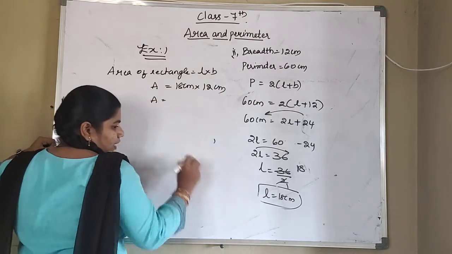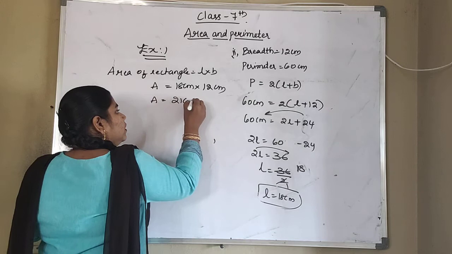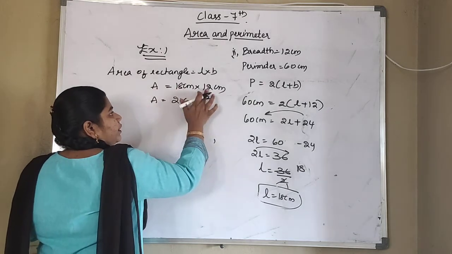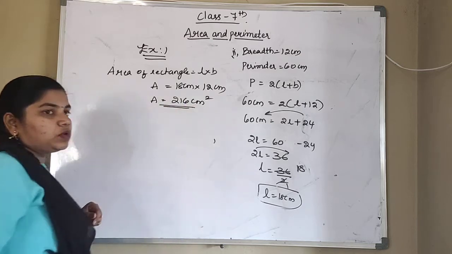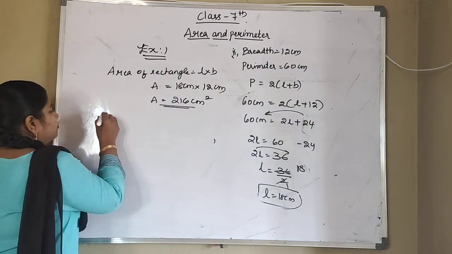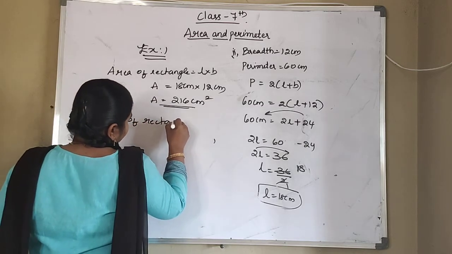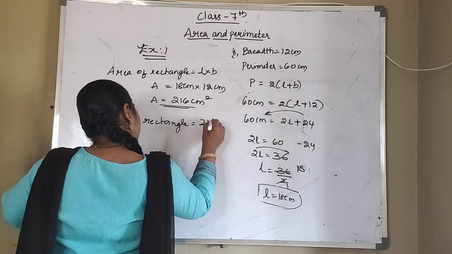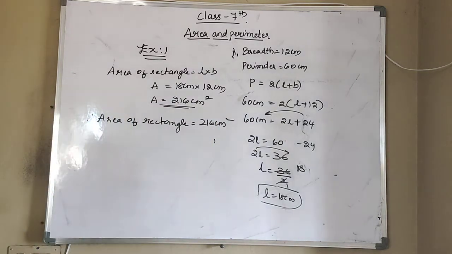So what will be the area, that is 18 into 12, that will be 216 centimeter square. So 18 twelves is 216, centimeter into centimeter is centimeter square. So this is the area of the rectangle.